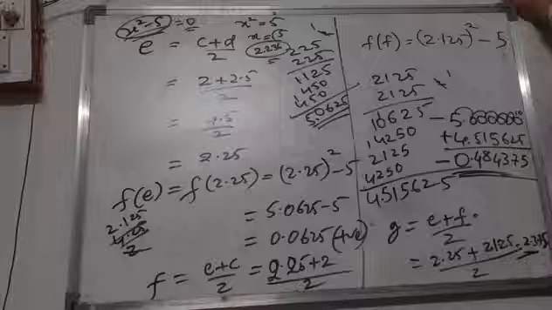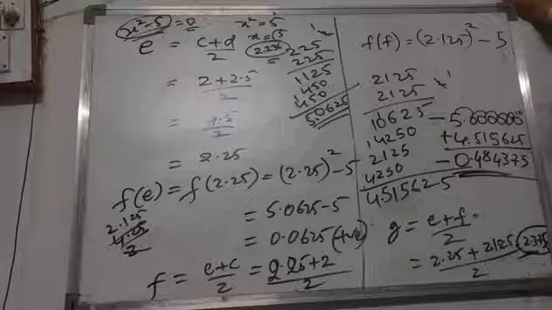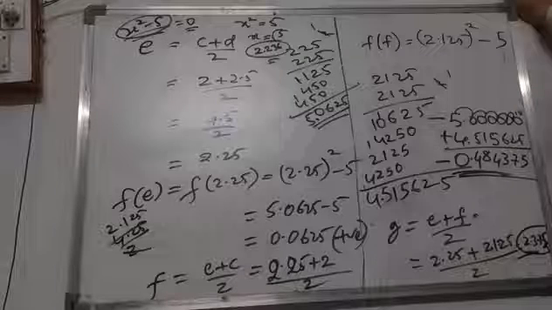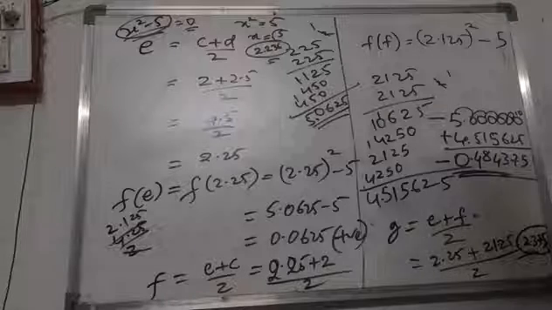Still, if you want, you can do further. Like this you can find the nearest roots for the given equation. In this way we are going to find the equation roots, right? So this is called the bisection method.